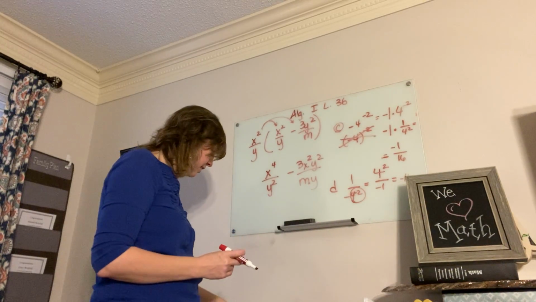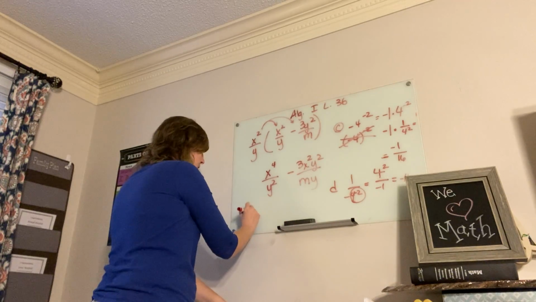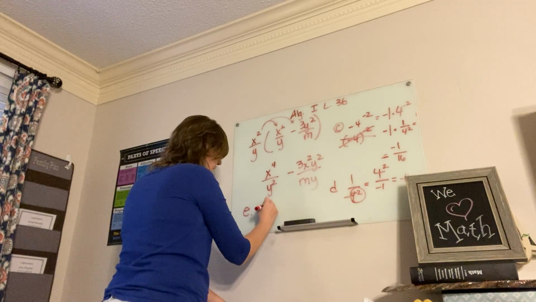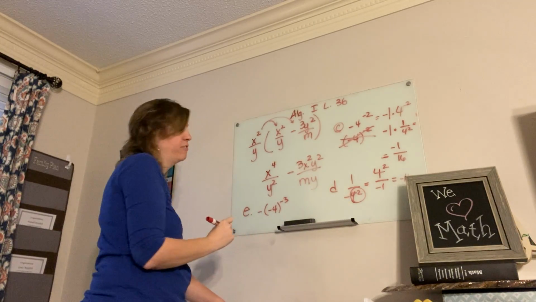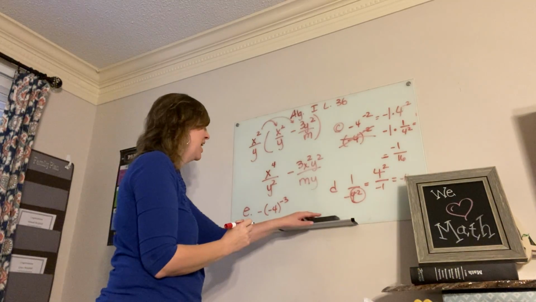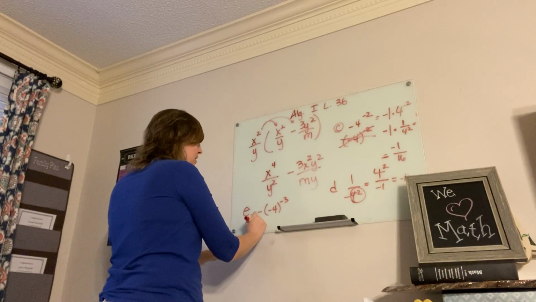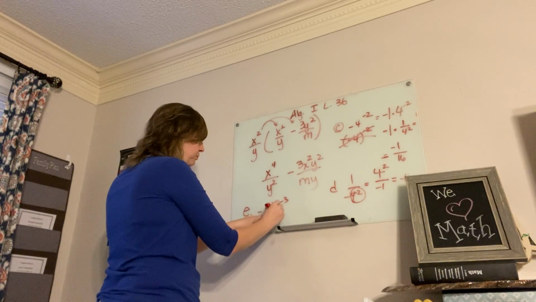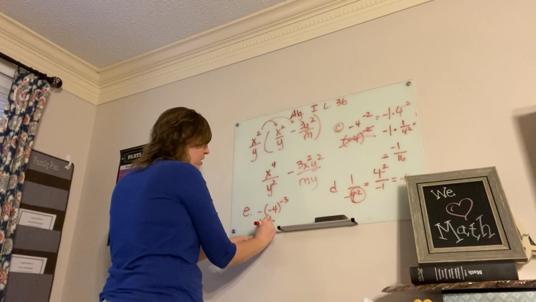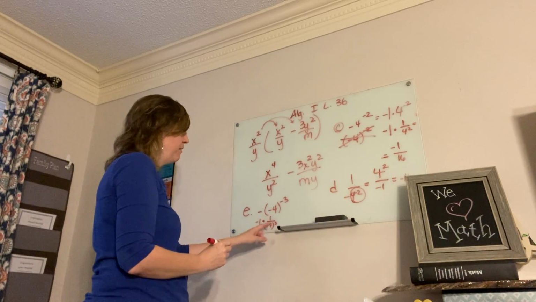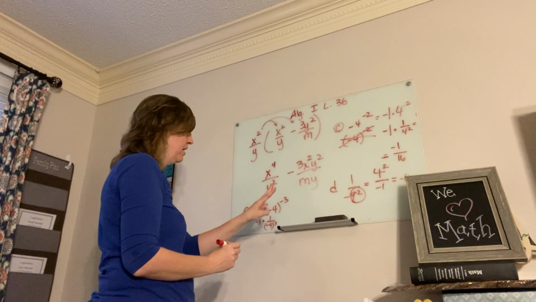All right, now let's take a look at letter E. I've got -4 to the -3. Woo, they're throwing a lot of negatives at us, friends, aren't they? So this is just -1. This -3 means that I'm flipping it, and it's 1 over -4 cubed. So I've got 3 sets of -4.